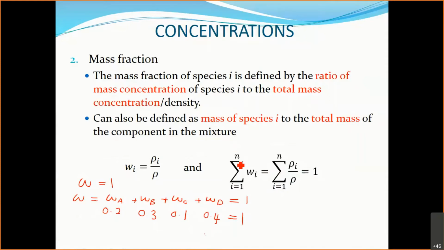So this is the meaning of this summation formula. And then if you want to find the mass fraction of each component, for example the mass fraction of A, it is going to be equal to mass concentration of A divided by the total mass concentration of all the components.